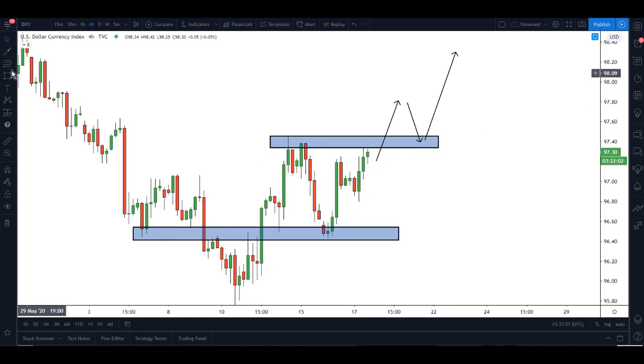It may come back down here and test this zone again, bounce here and then go. We don't know how it's going to play out, but we're looking for price to break to the upside, close above. A nice daily close above would be good. Retest and then go from there.